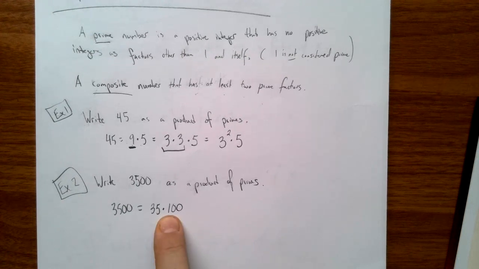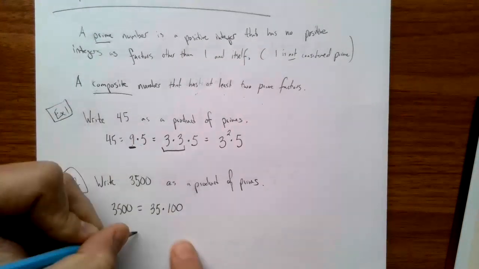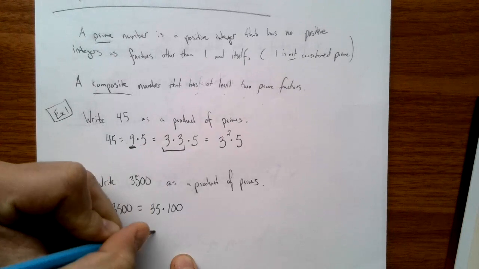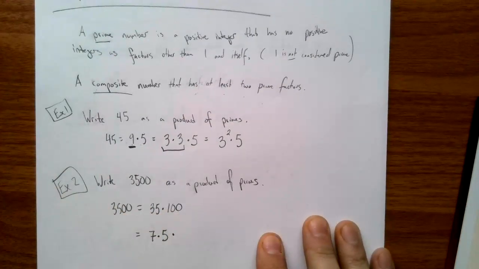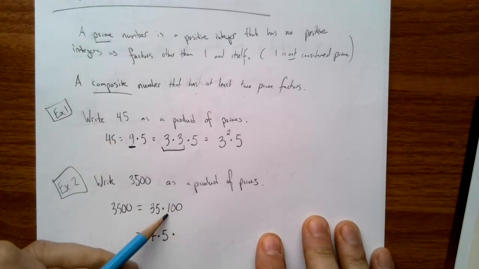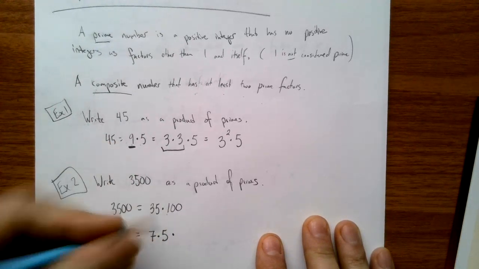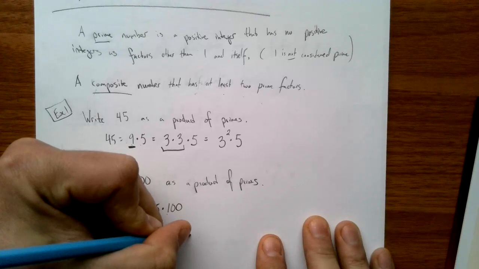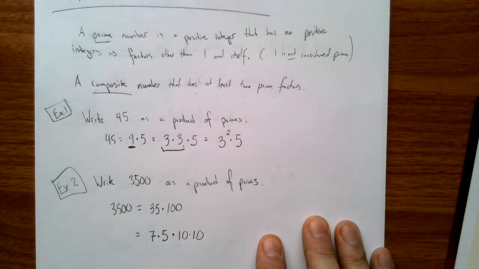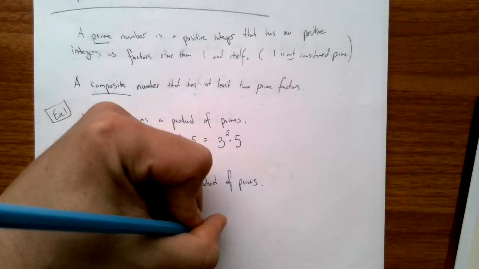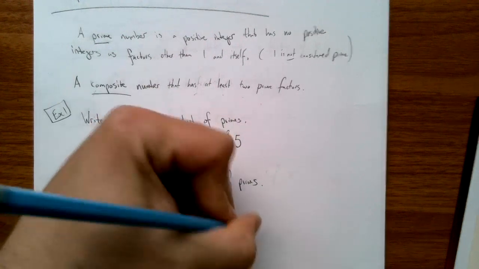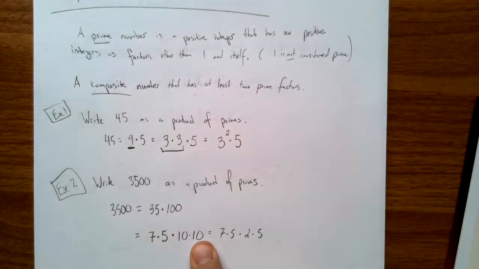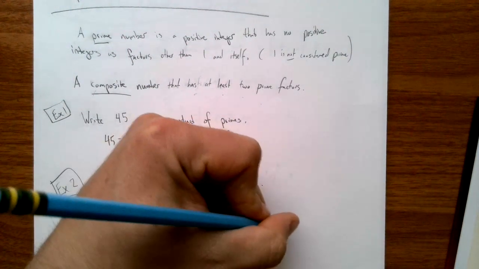Both of these are not prime, so we're going to continue to factor them. 35 is equal to 5 multiplied by 7. 100, there are a lot of different ways, of course, that we could factor 100. I'm just going to take the easy route and do 10 times 10. 7 and 5 are prime, however 10 and 10 are not, so we're going to keep factoring 10. We'll factor 10 as 2 times 5, and factor the other 10 as 2 times 5.